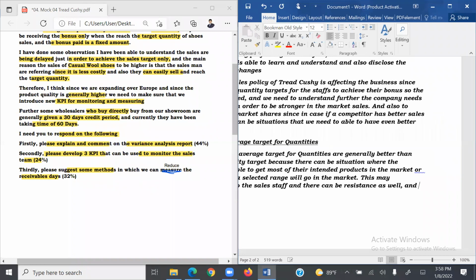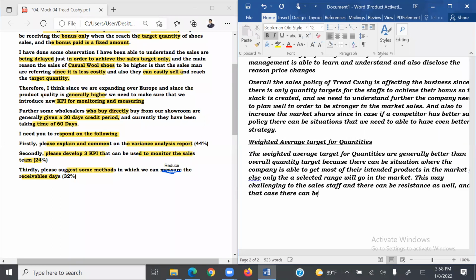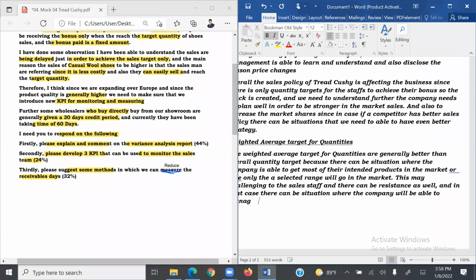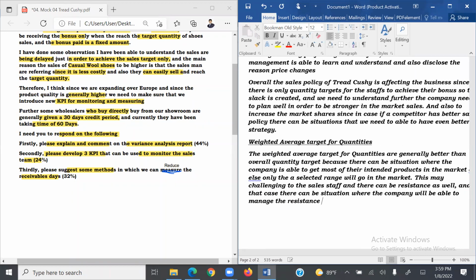And in that case, there can be a situation where the company will be able to manage the resistance.